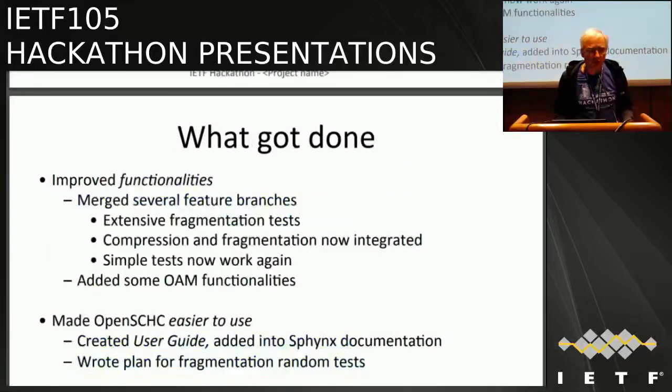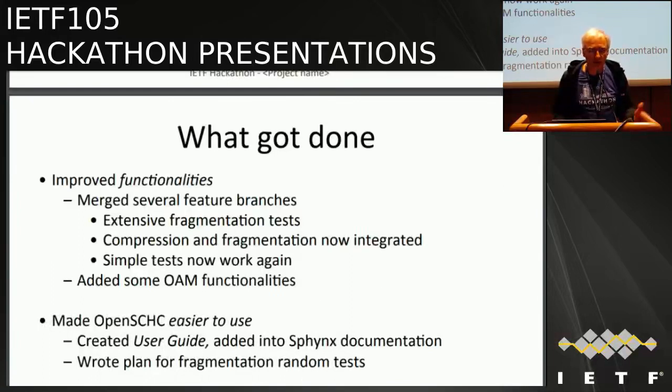What we got done this weekend was to merge several feature branches in our project. We had separate developments over the last few months, which resulted in the compression being in one branch and fragmentation in another branch. We merged those so that they're now fully integrated.